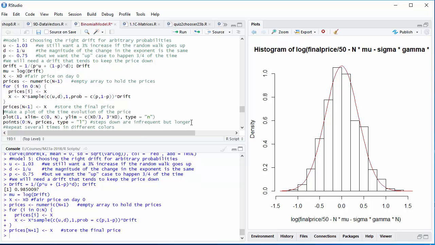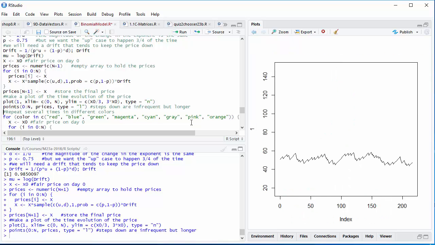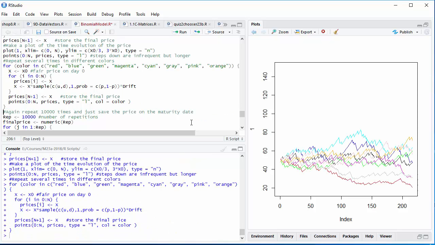And I will do exactly the same thing and see what the price evolution looks like. And you might have thought, because the probability of an upstep was now much larger than a downstep, things were going to look significantly different, but in fact it looks much the same. I can do this in different colors and the chart looks much the same as before.